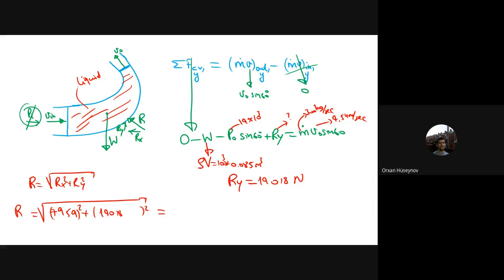What is the resultant reaction force here? You can tell the values. Rajab, yes, the same. The resultant reaction force.